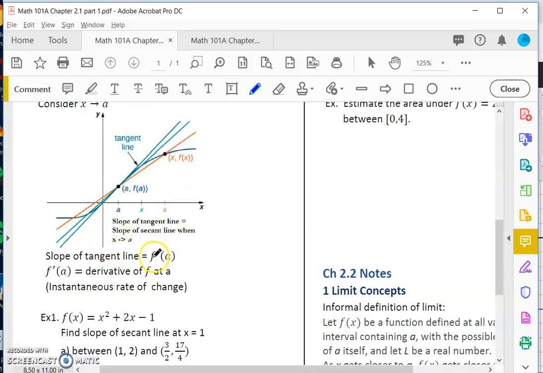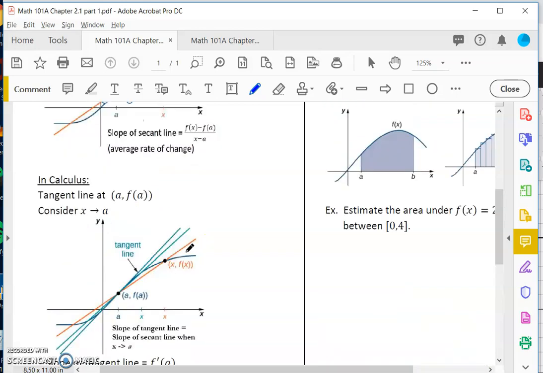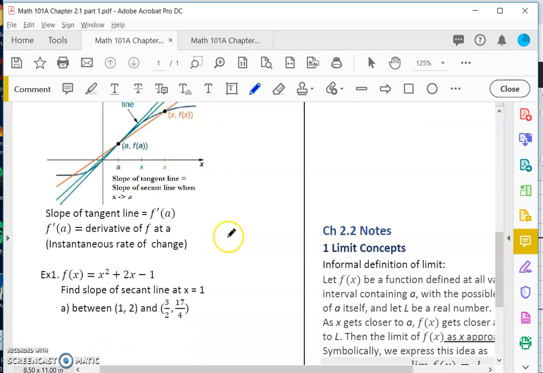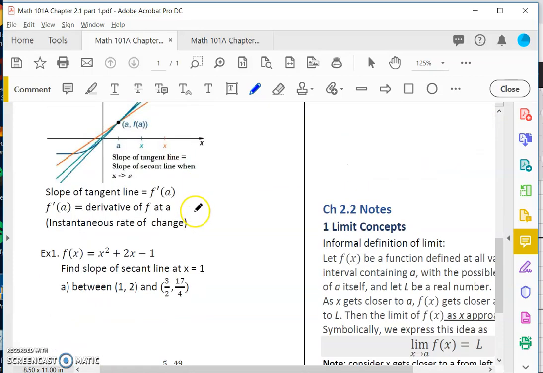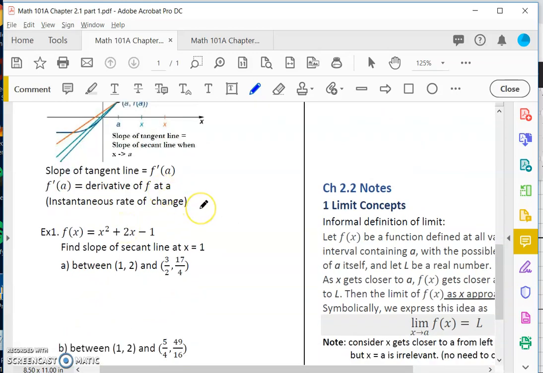You do not use the formula of f of x minus f of a anymore. You use another notation called f prime of a, which is the derivative of f at a point a. For rate of change, we no longer call it average rate of change as in the secant line, but we call it instantaneous rate of change. At that moment, if x changes a little bit, how much will y change?